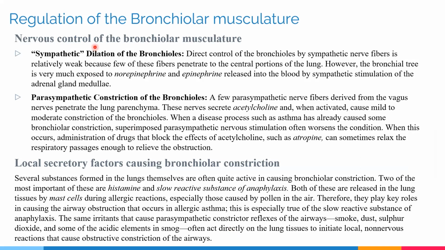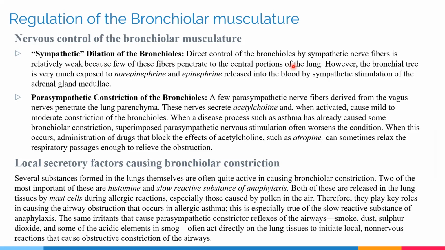First, we will look into the nervous control. Obviously, the nervous control is again divided into sympathetic and parasympathetic parts. The sympathetic prepares the body for the fight or flight response, and the parasympathetic prepares the body for a resting response. So first we look into sympathetic dilation of the bronchioles.